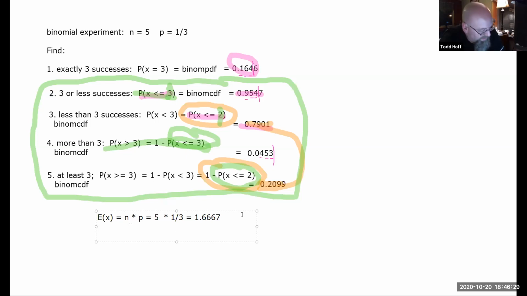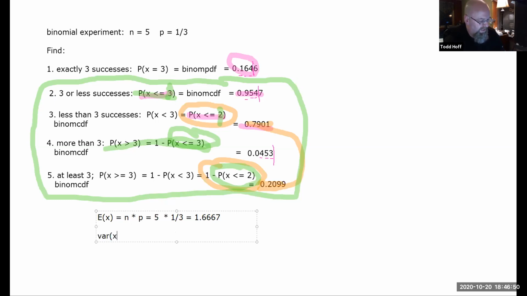So we would expect, if we repeated this experiment over and over again, so we did the 5 rolls of the die and counted the number of successes out of those 5 rolls, then we did it again and again and repeated that several times, on average, we'd get 1 2/3 successes per every 5 rolls.